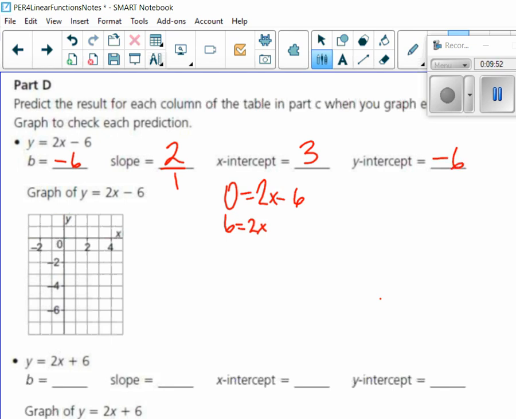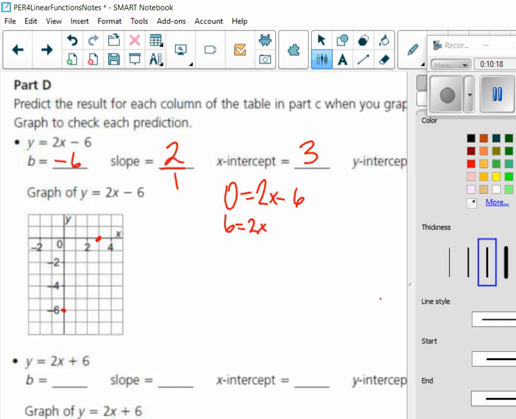Okay, so it's up to you which way you want to graph. If I've already calculated my x- and y-intercepts, I can use that method. If I haven't, then it might be easier just to look at it and use my y-intercept and my slope. So my x-intercept is 3. My y-intercept's -6. Do you see? It's pretty easy just to connect those dots. Or otherwise, I'm going to use a blue pen.